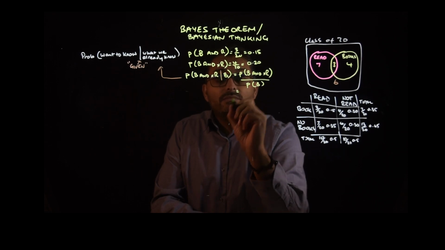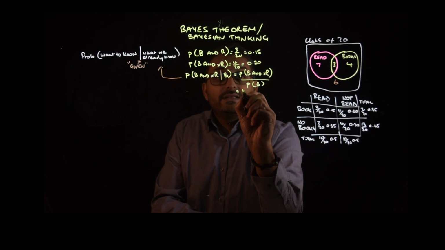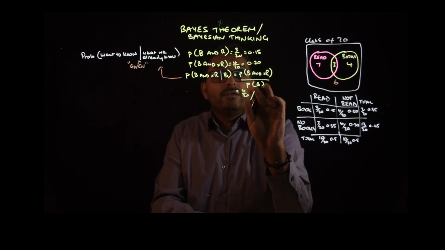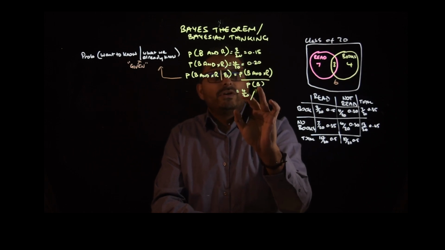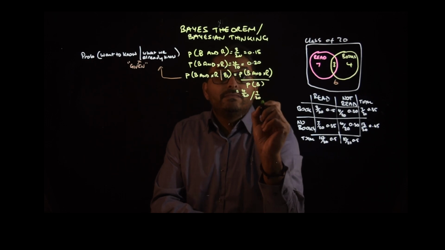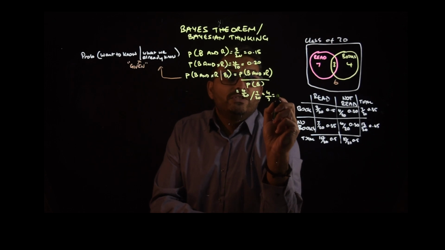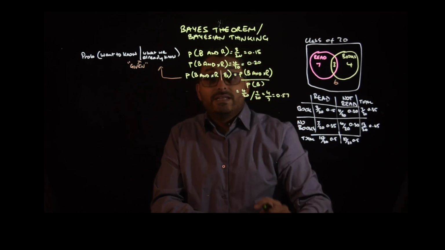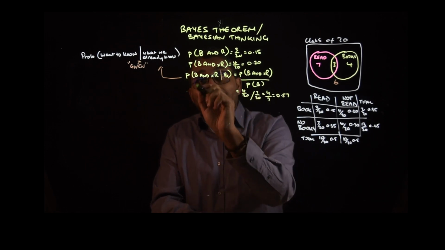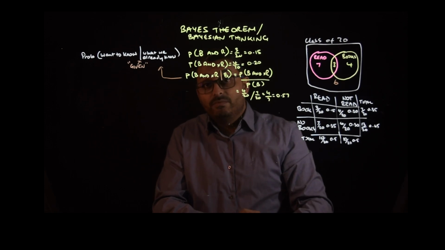So mathematically it is 4/20 divided by the probability that they have a book, 7/20, which gives you 4/7, which gives you 0.57. So that's the probability that they own a book and don't like to read, given that we know they own a book.